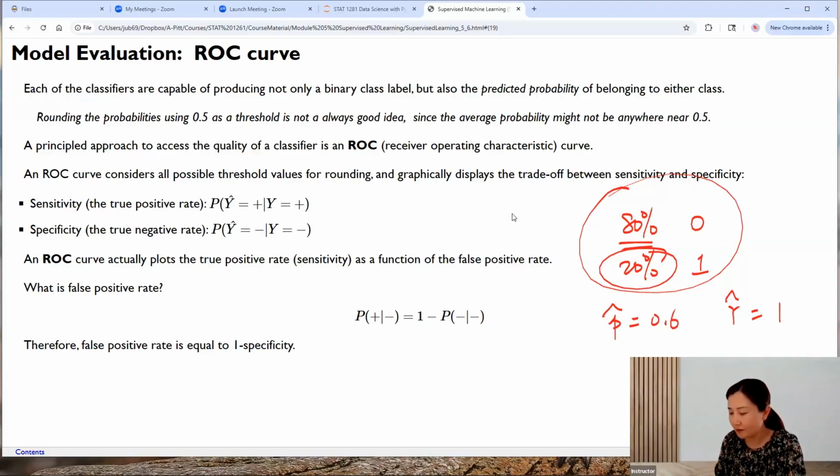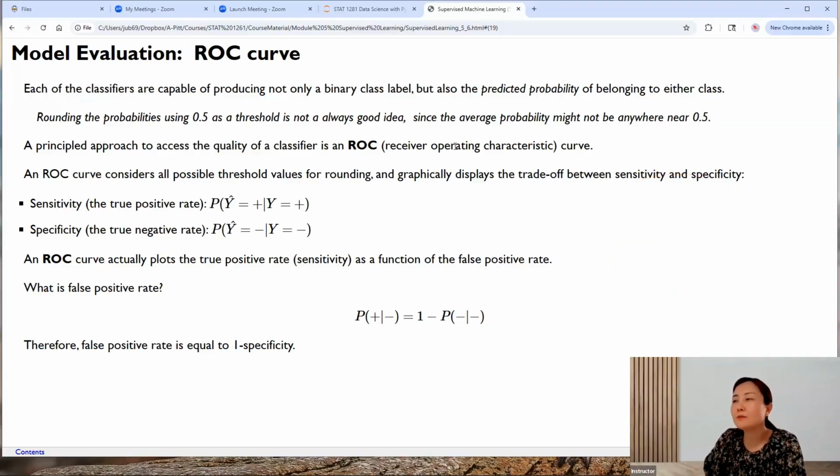Right? So in order to resolve this issue, people invented this metric called the ROC curve, the receiver operating characteristic curve. This curve will consider all of the possible thresholds for p hat, namely from 0 to 1.